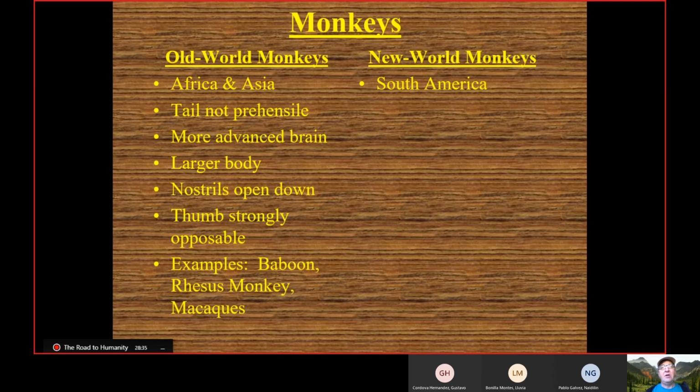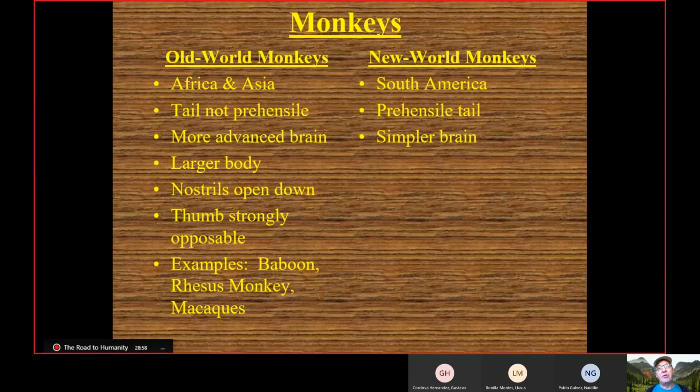Later, South America split off from Africa, and the monkeys that had evolved in Africa evolved in different directions after the split. So in South America, they evolved the prehensile tail that they can use to hang from limbs, that they can use to pick up objects.